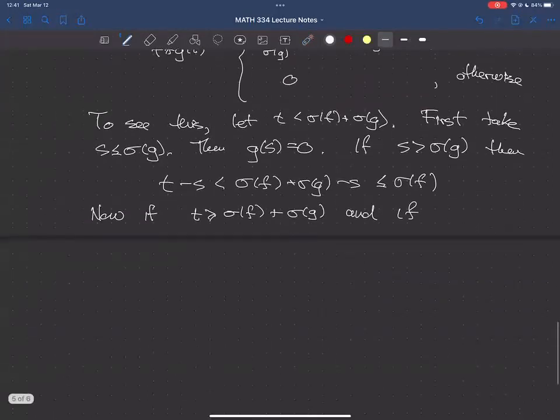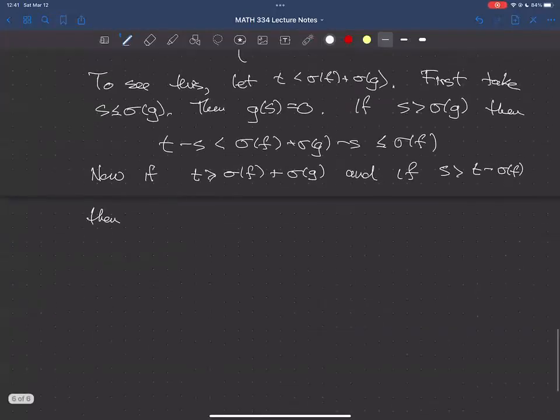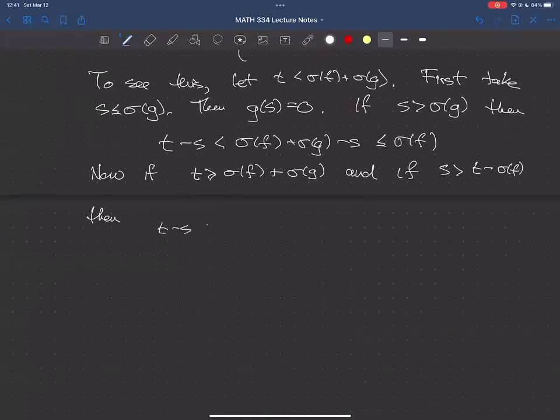If s is greater than t minus sigma of f, then t minus s is less than sigma of f. Just manipulate these two inequalities. And so f of t minus s is equal to 0.